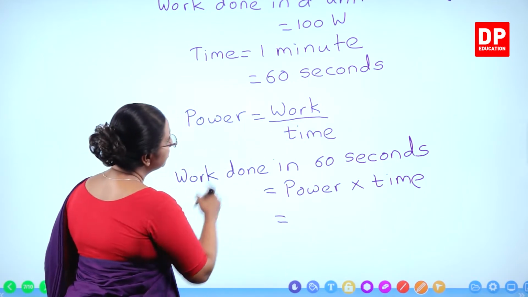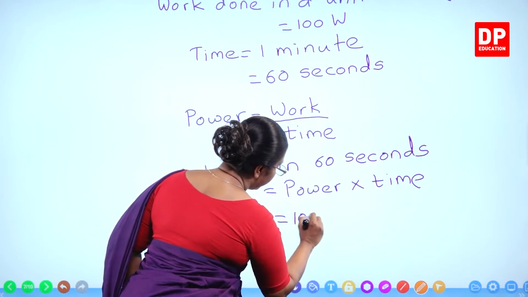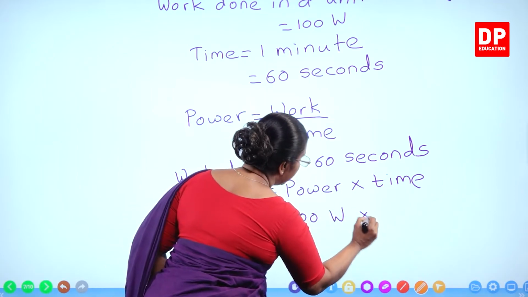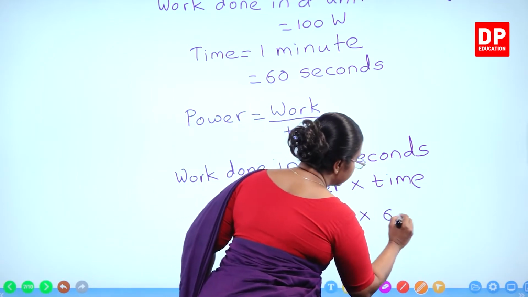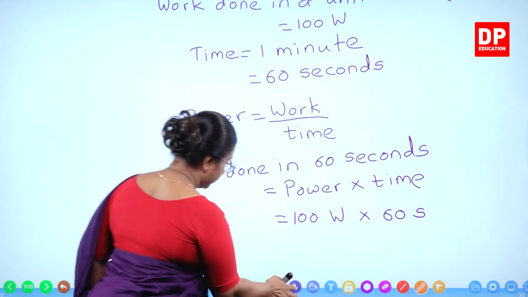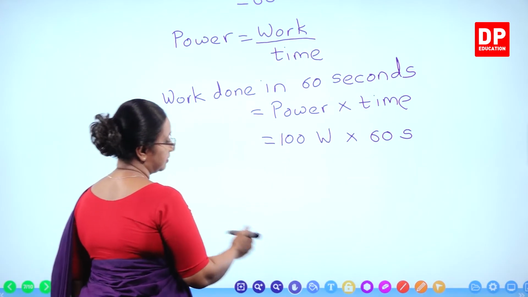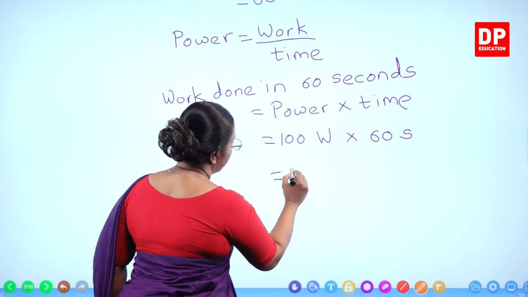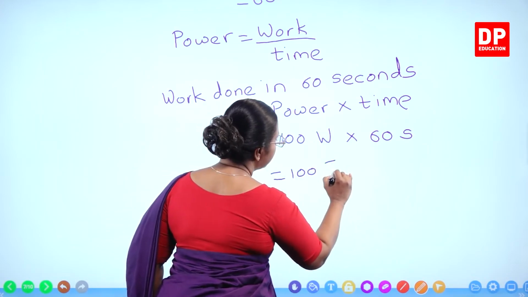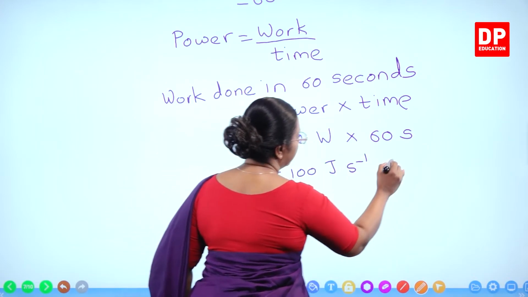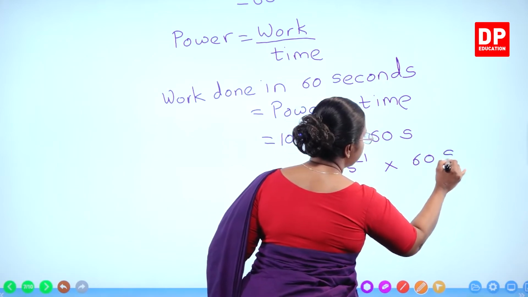So power is given to us as 100 watts into time, 60 seconds. Now here you all know, students, 100 watts means 100 joules per second into 60 seconds.